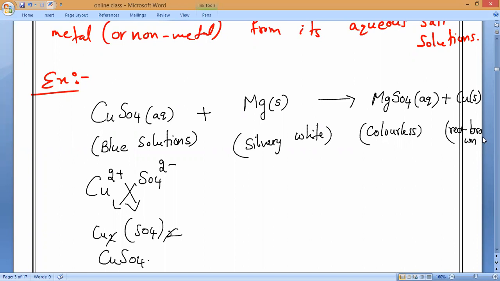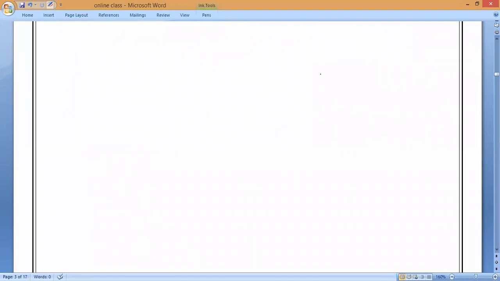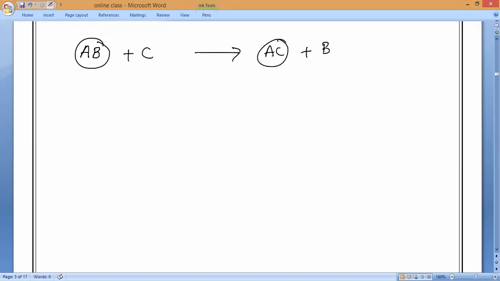Now, do you all understand the basic standard equation of a displacement reaction? Everybody can tell me. AB will react with C, will give you AC plus B separately. This is the standard reaction of a displacement reaction. Now, we have some features of displacement reaction.